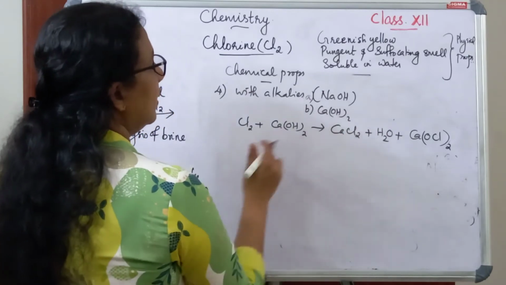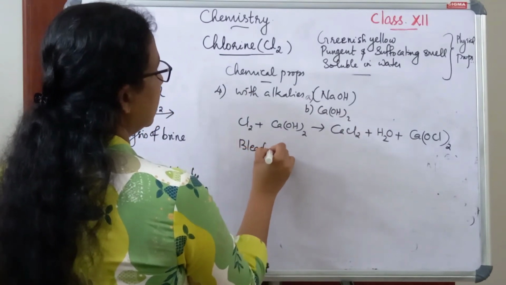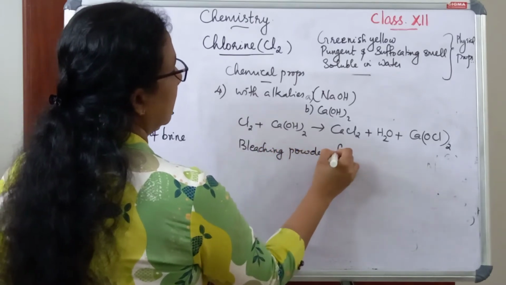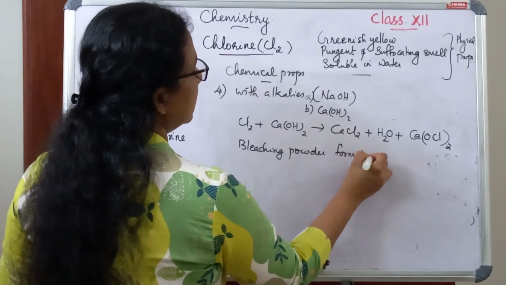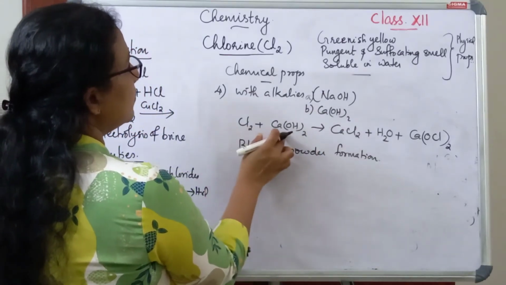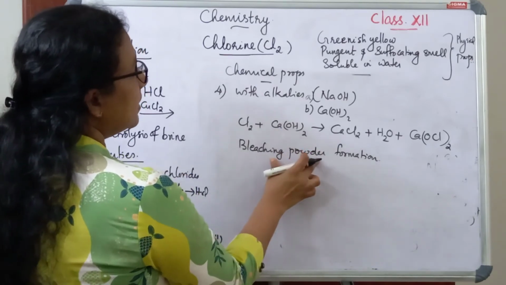Actually, this is bleaching powder formation. So bleaching powder is produced when chlorine is passed through Ca(OH)2.